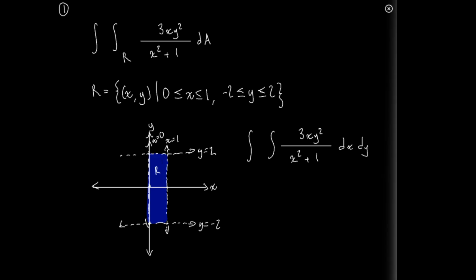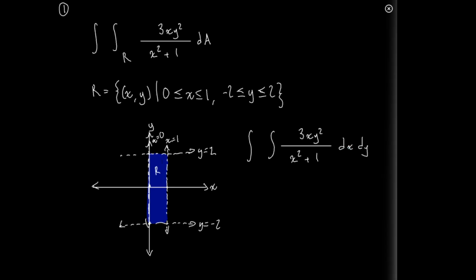It actually doesn't matter, and I'll tell you why it doesn't matter. So this outer, whichever variable that we choose to do on the outside, y or x, the bounds have to be described in a way that they're not a function of any of the inside variables. So the bounds for y cannot be a function of x.